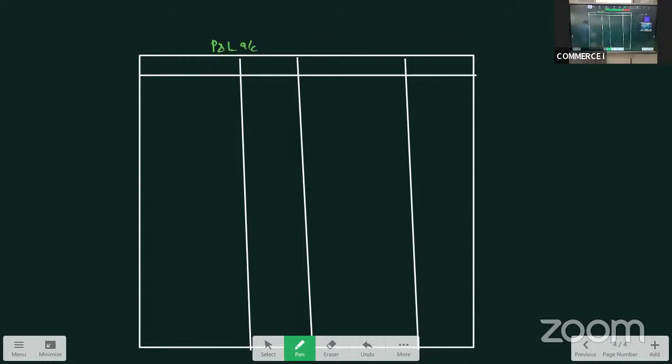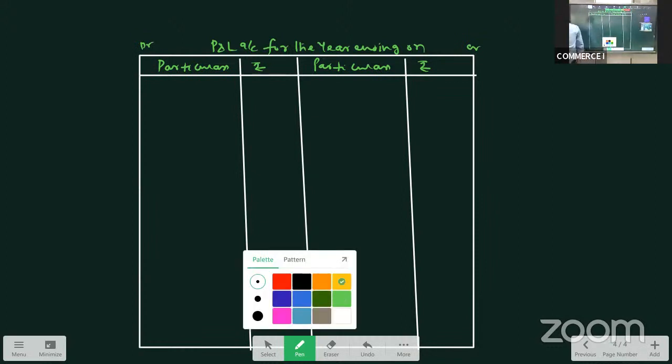Name is not given. Profit and loss account, that's all. Profit and loss account for the year ending on. Particulars, amount, particulars, amount. See what are the items given.